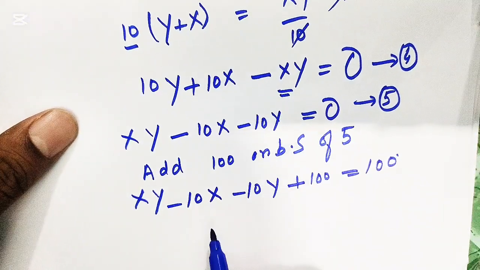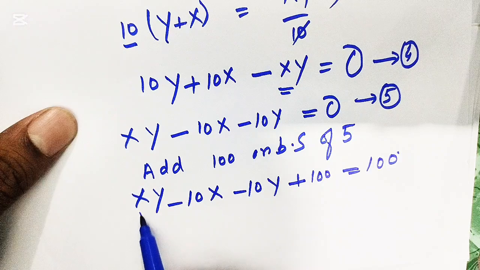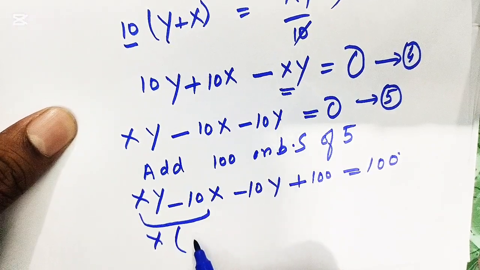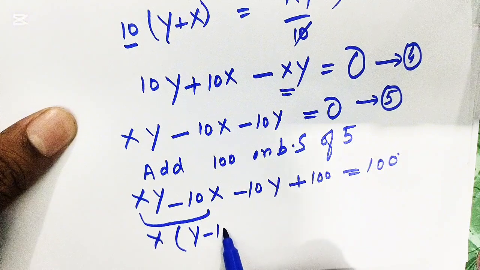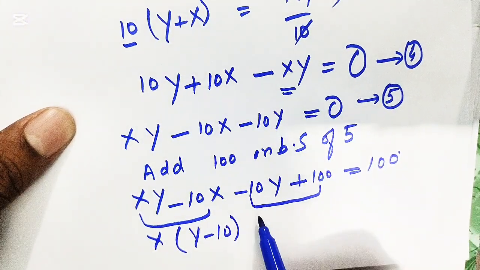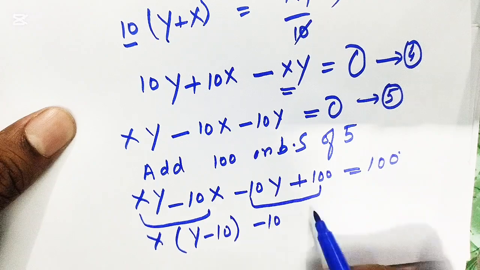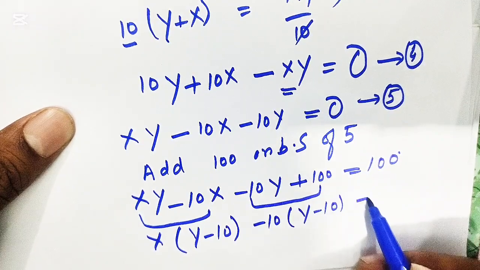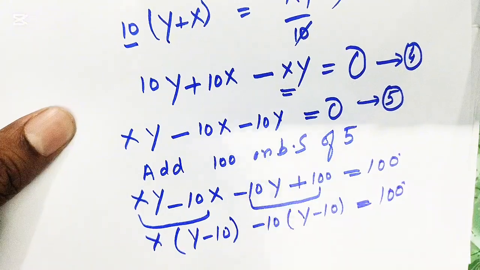Now from these two terms x is common, and the remaining factor is y minus 10. From the other two terms I can take minus 10 common, and the remaining factor is y minus 10, and it is equal to 100.